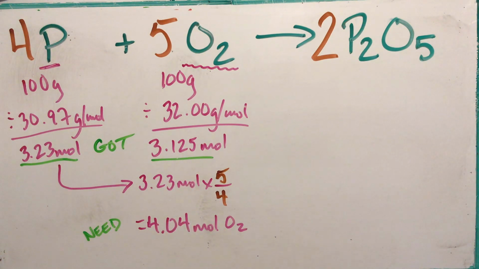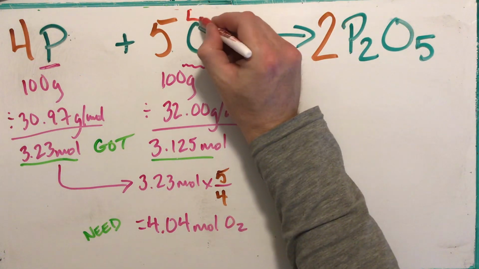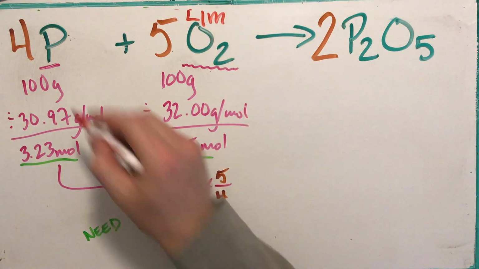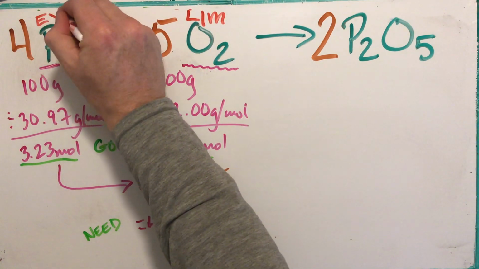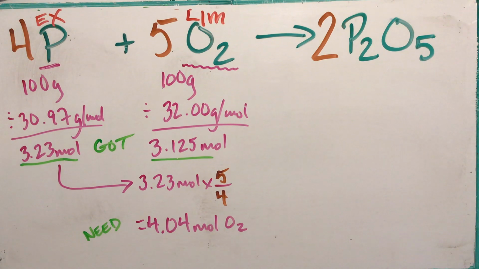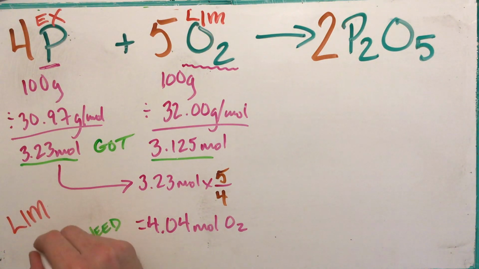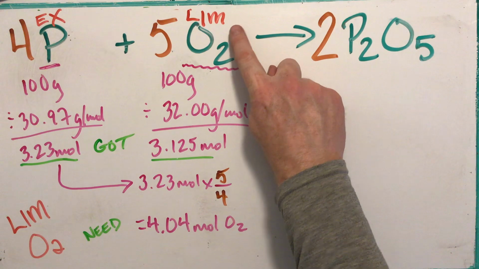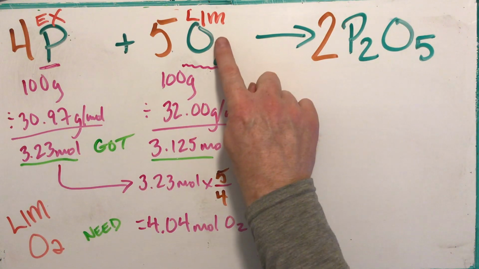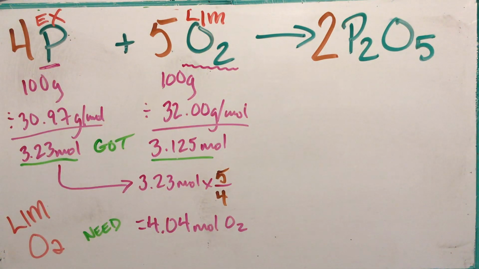So that means that oxygen is my limiting reagent, and phosphorus is my excess reagent. All right? So my limiting reagent now is the oxygen. That's the answer for B. I always write it above here, so future calculations, I can see what my limiting and my excess is.